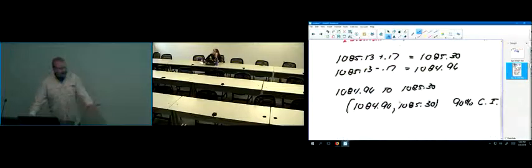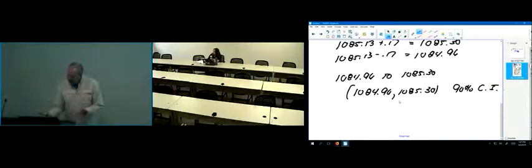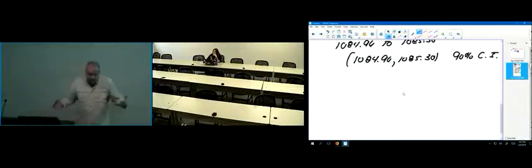Now, I'm not done. I know this problem just wanted the confidence interval. I understand that. But I try to be very consistent with you because I don't know if they'll be asking for just that or the next step.